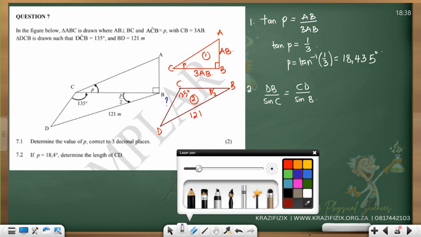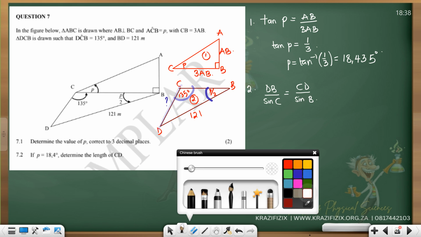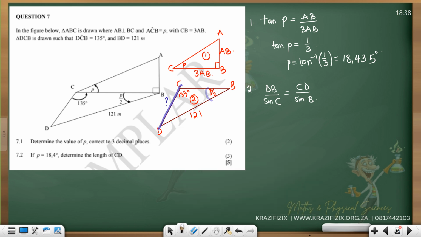Emphasis again, look at it: it is the side and the angle opposite. Guys, here it's just METS now. What is DB? 121. Sine what? 135. What is CD? That's what we're looking for.